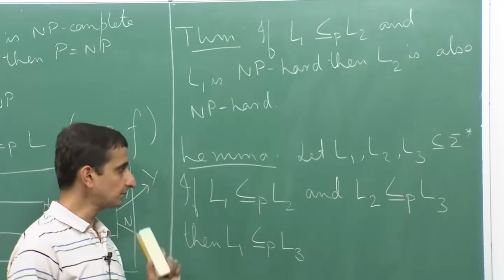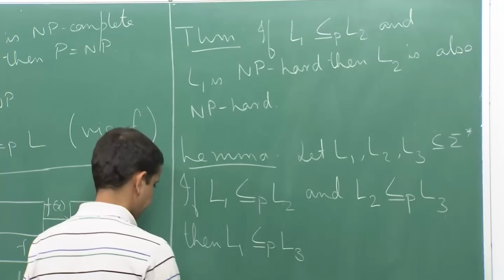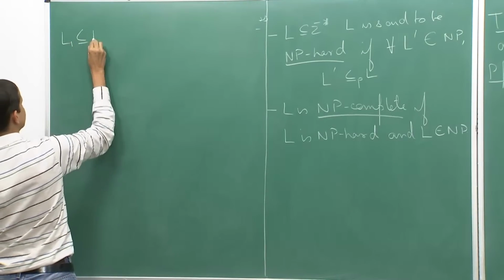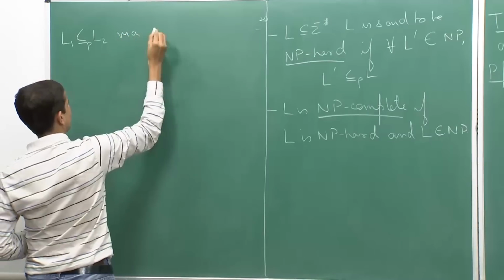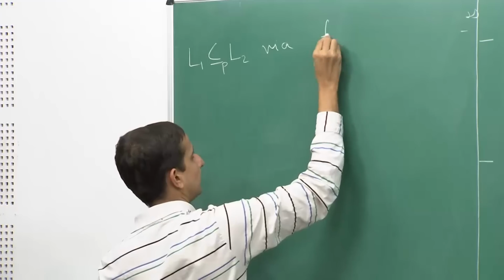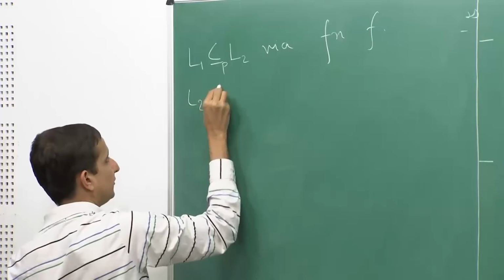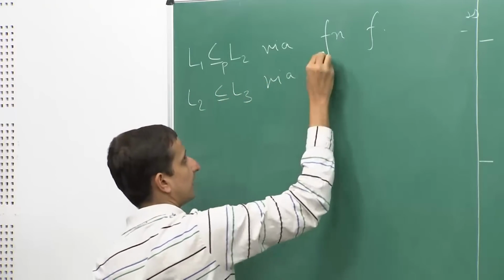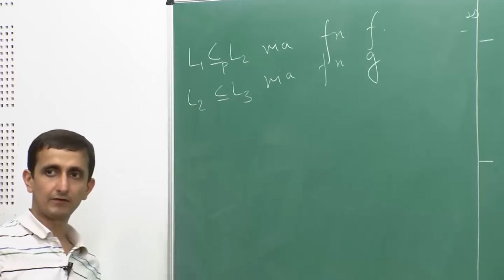Okay. So, how do we prove this? So, suppose that L1 reduces to L2 via a function f, and L2 reduces to L3 via a function g. Okay.